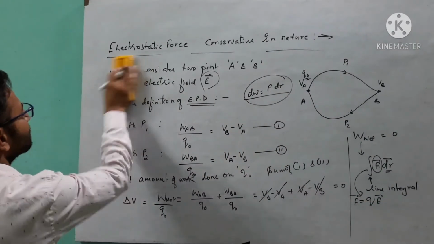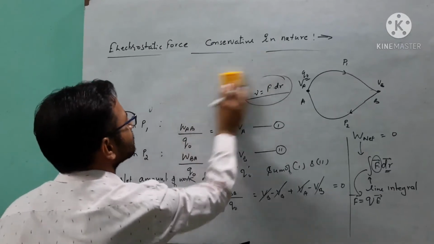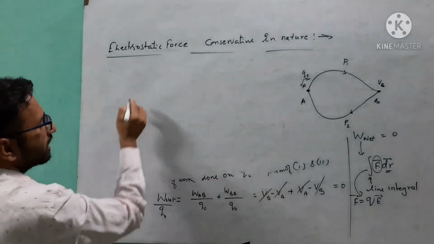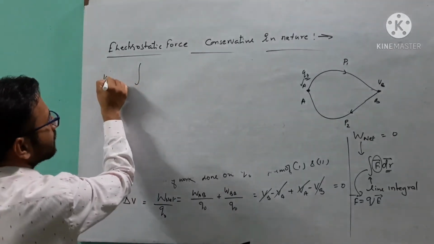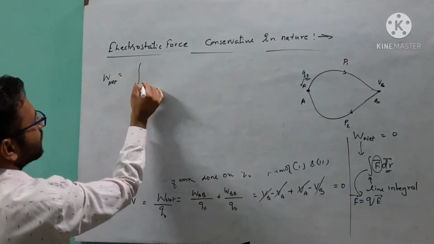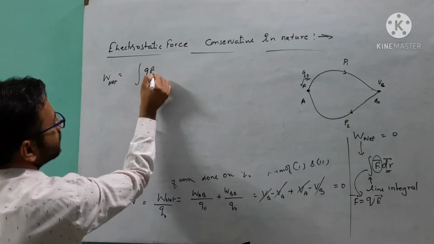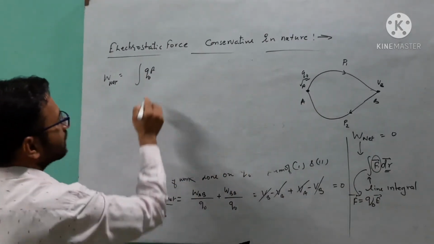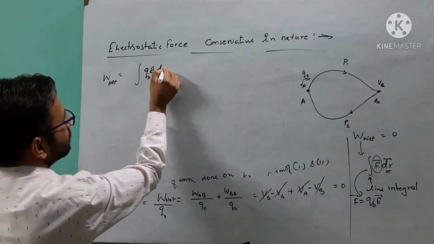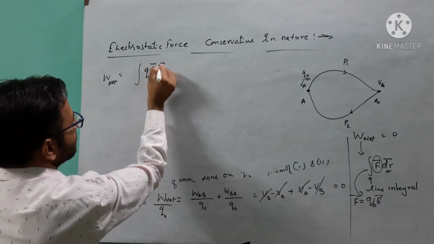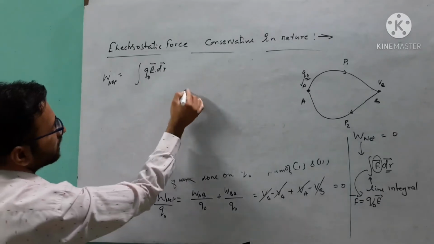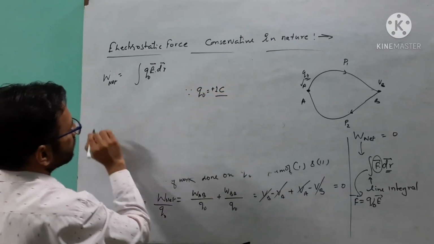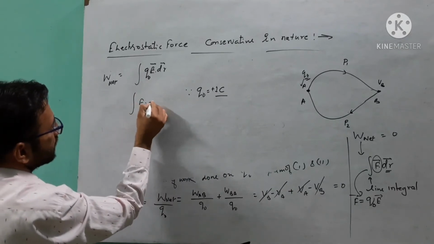So I will write here W net is equal to integral of Q into E into dr. This Q is our Q naught, which I will consider a unit test positive charge. Got it? So Q is a scalar quantity, and Q naught is equal to unit test positive charge, so it will be 1 coulomb. Later on we will write E dot dr.